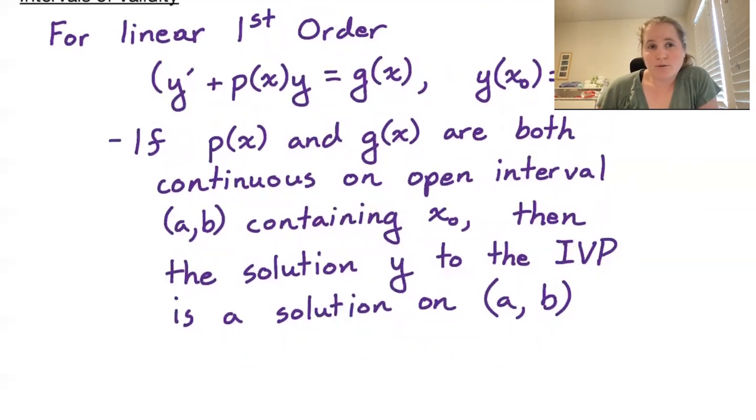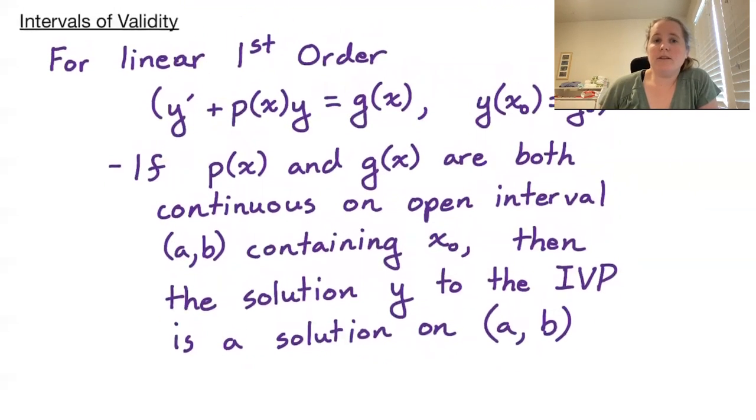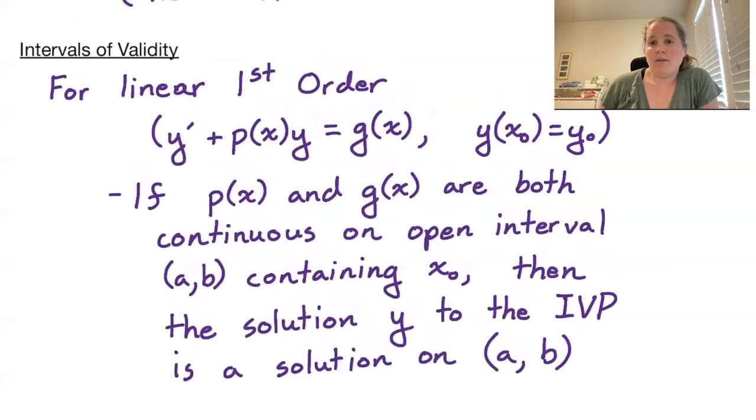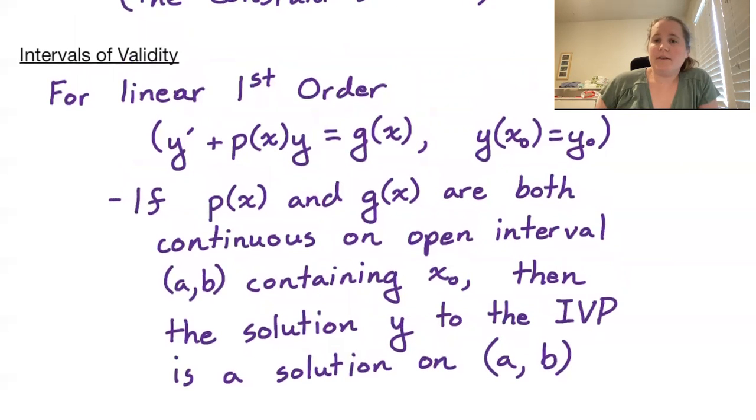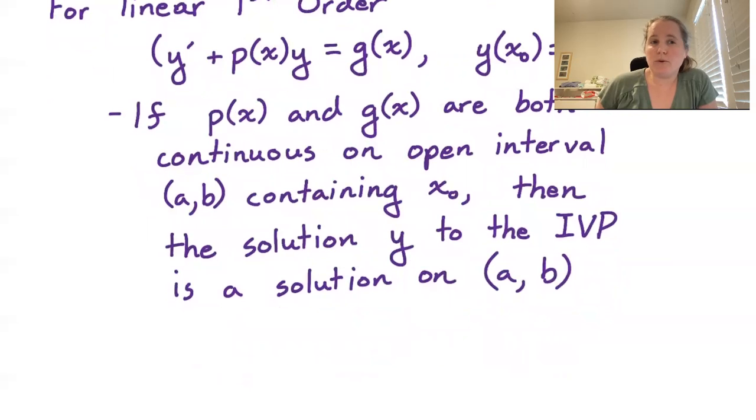This is not true for nonlinear. So for linear, all that we really cared about was where p and g are continuous around x naught, right? For nonlinear, it turns out that the initial condition for y also matters.